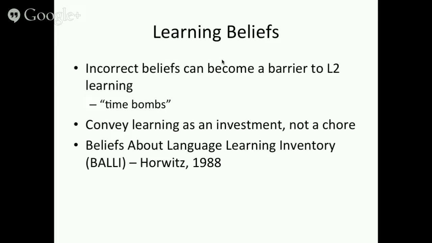And so, for instance, when they get through that second year and realize that they're not fluent, but they do have some intercultural communicative competence, they'll know it wasn't all for nothing, and they're going to be more likely to continue from that point on.